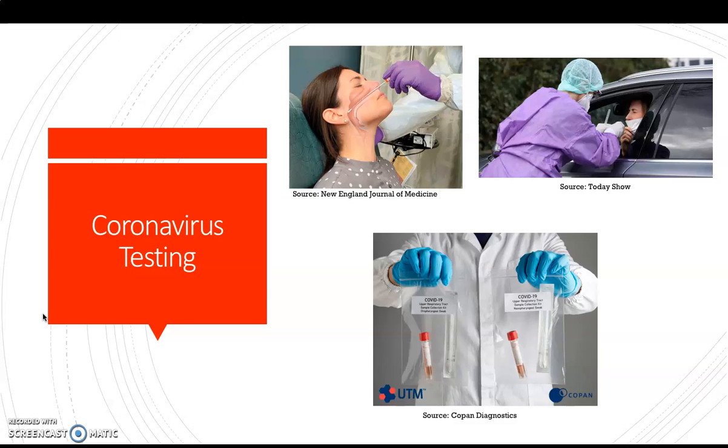This sample can be taken from swabbing the nasopharynx or oropharynx, which is shown in the top left picture. Or they can collect a sample of sputum from the patient, and these are the most common methods. And then polymerase chain reaction, or PCR, is then used to test the specimen.